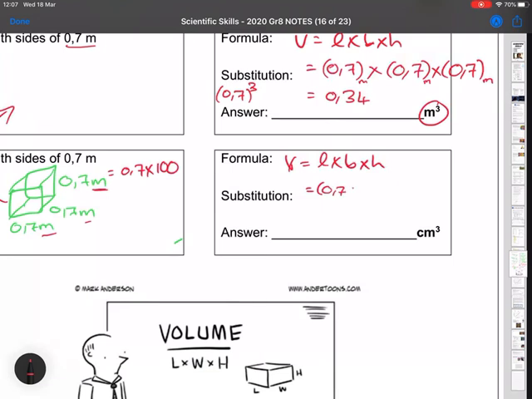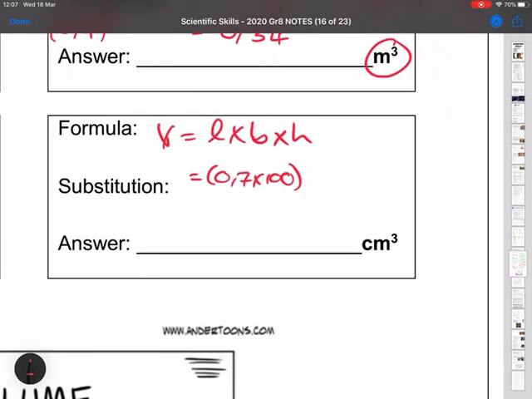So 0.7 times 100. And you're going to do that 3 times.